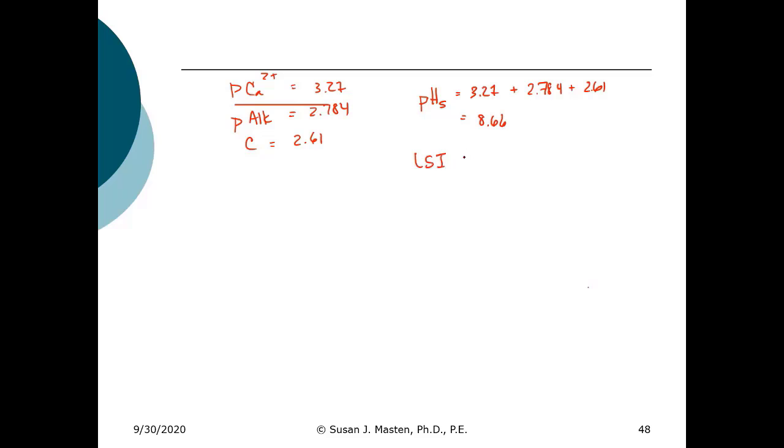The LSI is equal to the pH minus pH sat, so that is equal to 9.89 minus 8.66, and that is equal to 1.23. And that means what? It's oversaturated, exactly. So it's oversaturated, and that would mean that the calcium carbonate would precipitate.